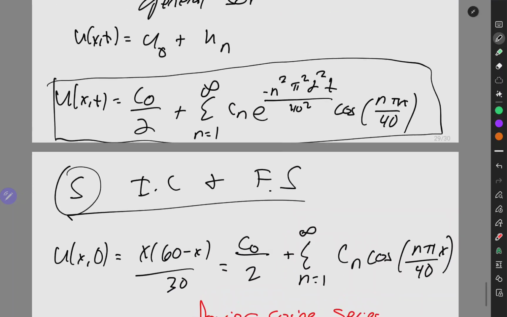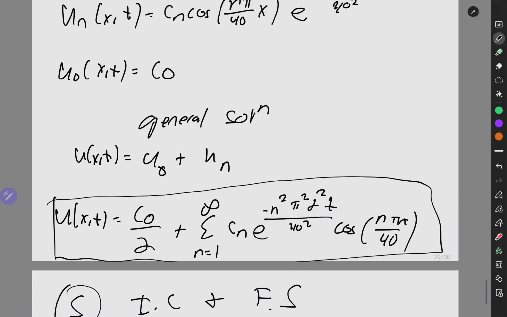Oh, I forgot to explain where the divided by 2 comes from. If you watch my derivation of the Fourier series coefficients, you'll understand where that divided by 2 comes from. It's a more in-depth explanation as to why it's there, so you should just watch that video to understand.